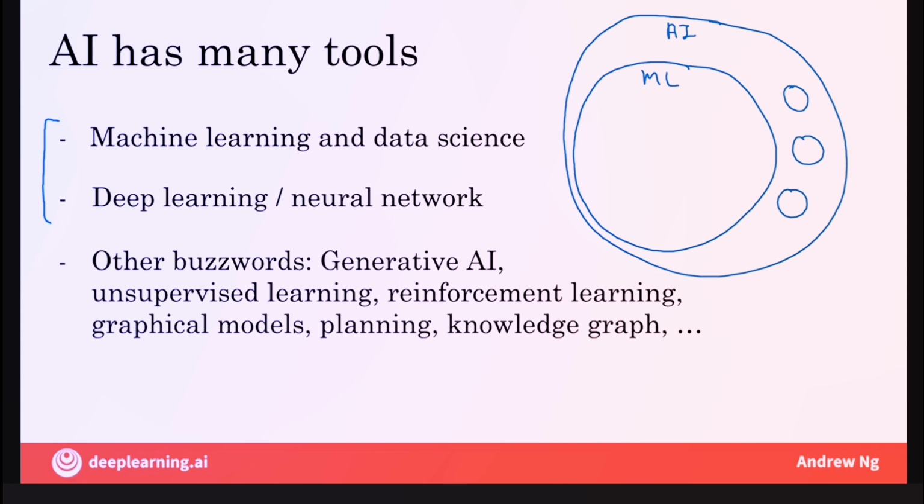And of machine learning, the part that's most important these days is neural networks or deep learning, which is a very powerful set of tools for carrying out supervised learning or A to B mappings, as well as some other things. But there are also other machine learning tools that are not just deep learning tools.